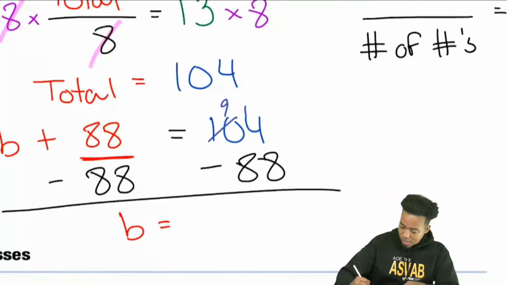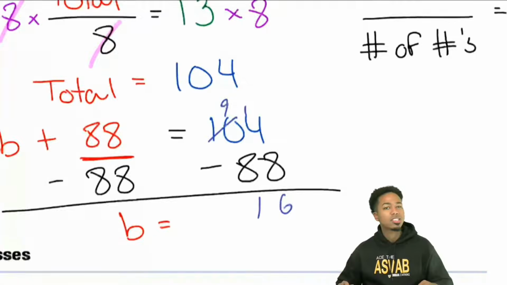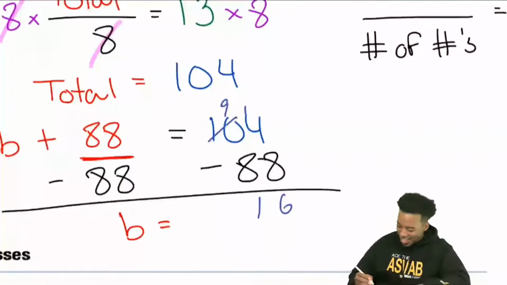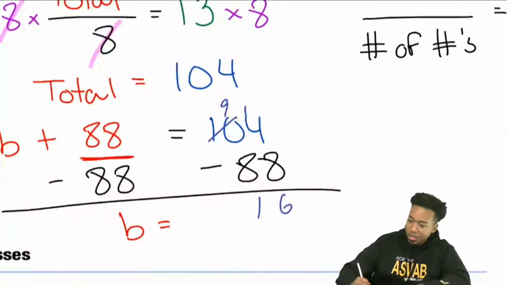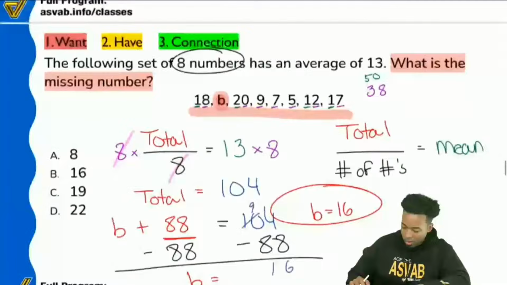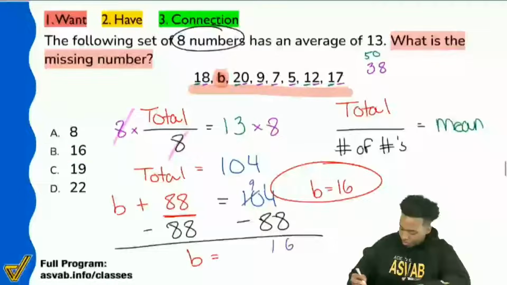So then you have 14 minus 8. That's 6. 9 minus 8 is 1. Still gets 16. Either way is fine. Whichever way you want to look at it, totally fine with me. But nonetheless, the answer, the missing number, is going to be B equals 16. And so right there, 16.